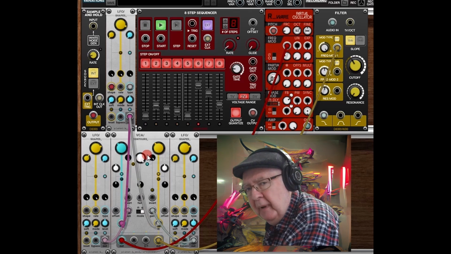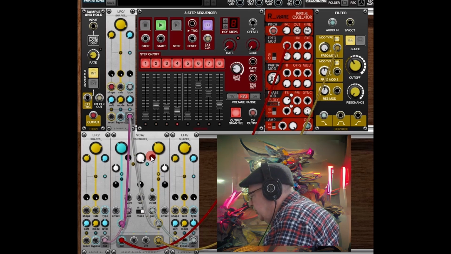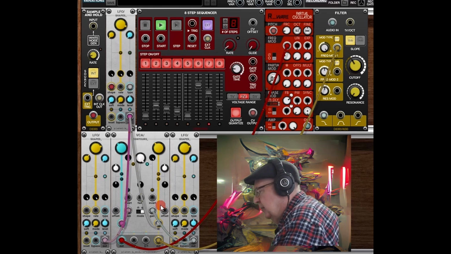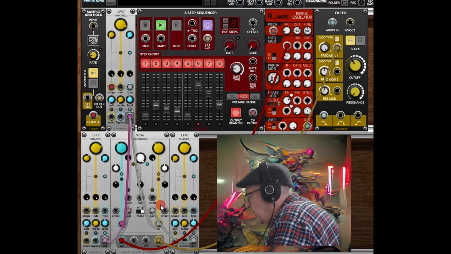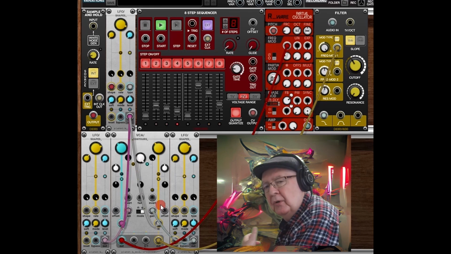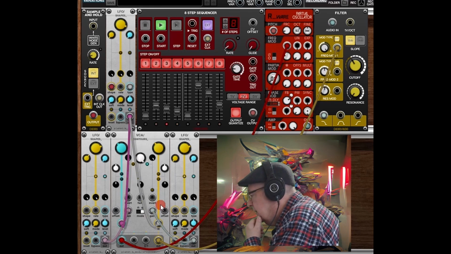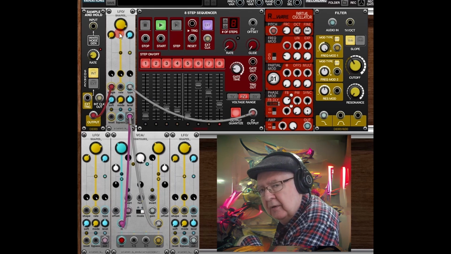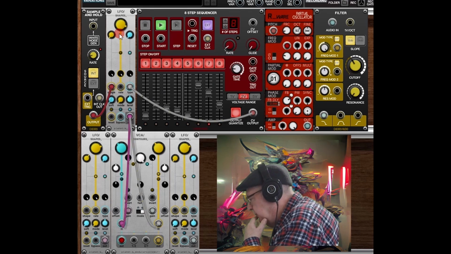Now I've changed the patch a bit. The two LFOs and VCA contour are adjusted exactly as before, only that they now don't modulate the audio, but the CV which comes from this upper LFO, the one which has been in the patch right from the beginning.